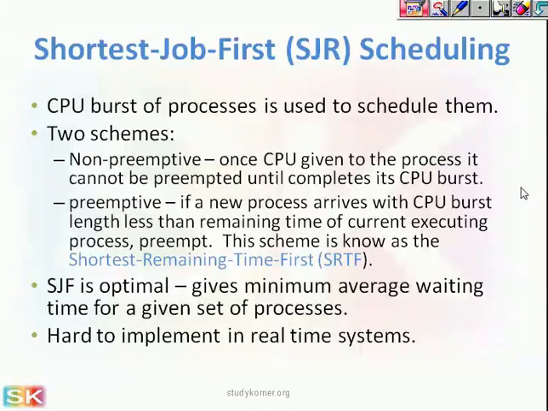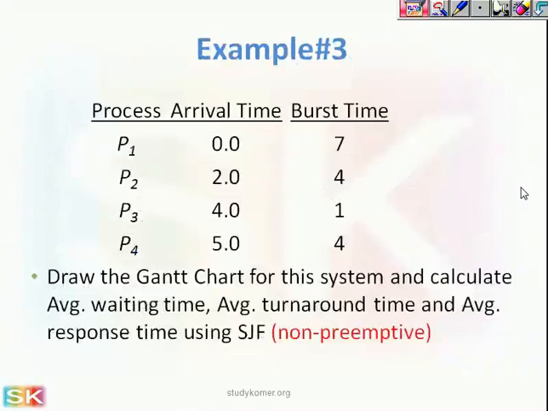It is hard to implement in real-time systems. Let's have an example to understand it. We have four processes with us, P1, P2, P3, P4, and their arrival times are 0.04 for P1, 2.04 for P2, 4.04 for P3, and 5.04 for P4, and their burst times are 7, 4, 1, 4 respectively.